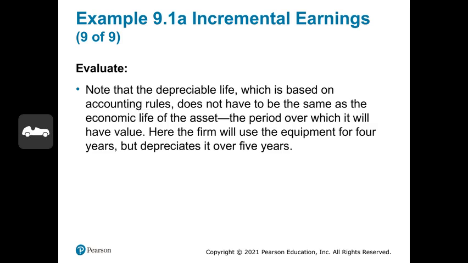So here the equipment is going to be used for 4 years, but is going to depreciate over 5. That's going to change our taxes, which is why we have to keep that in consideration. We also have to include it. Lopping it off is going to cause problems. Don't try to save time there, because it could cause you to make a bad decision.